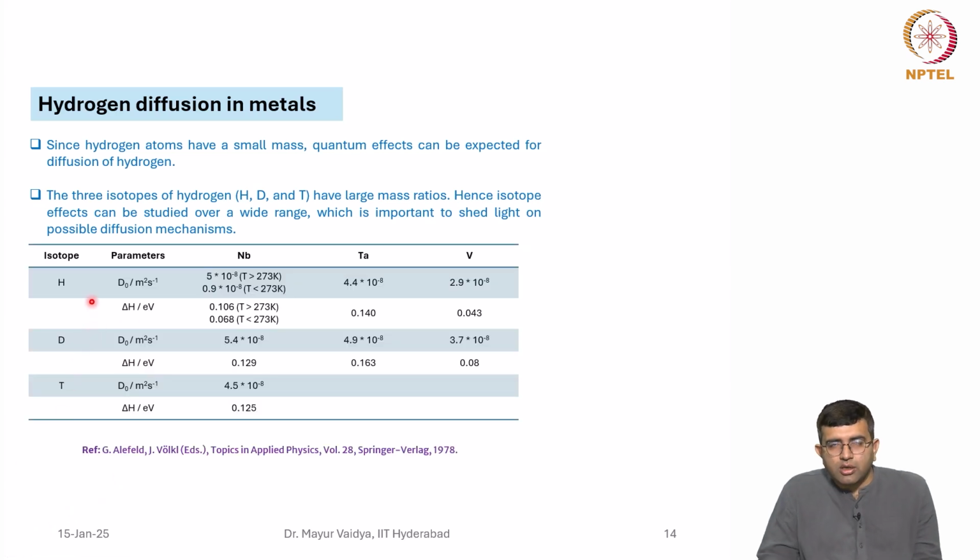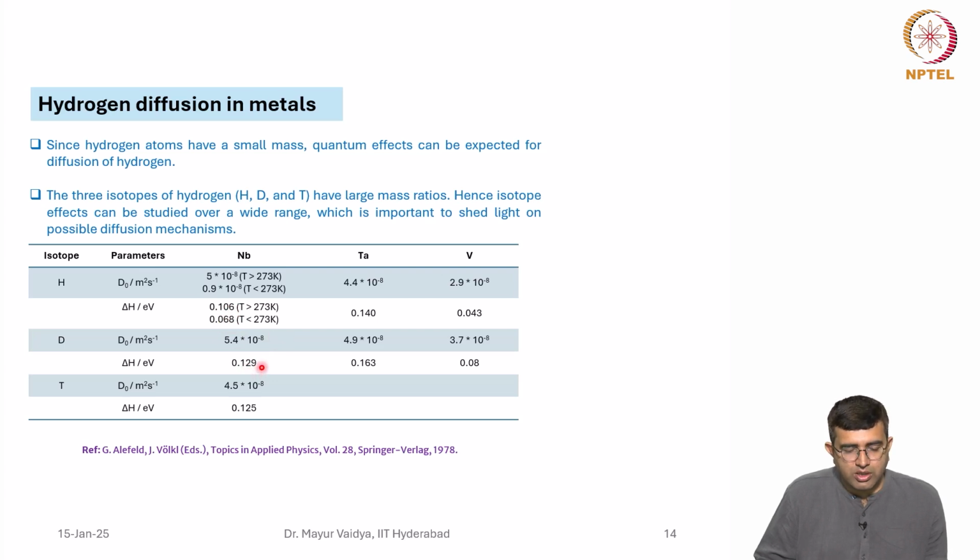So, here are the tabulated data. You can see, for example, the delta H for hydrogen is 0.14, whereas for deuterium it is 0.163 in tantalum. If you compare niobium, then again it is 0.068 or 0.106 for hydrogen diffusion.